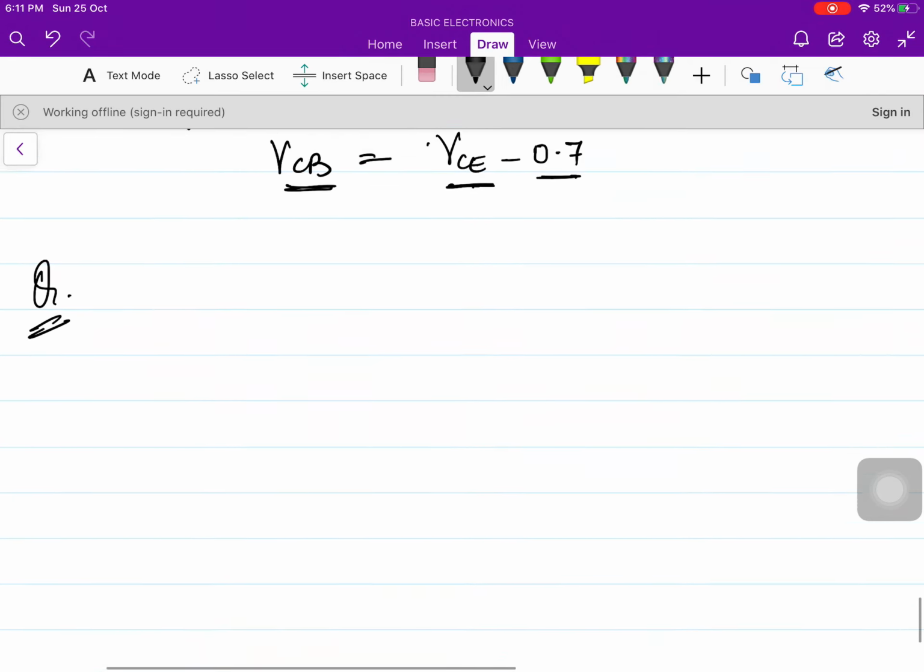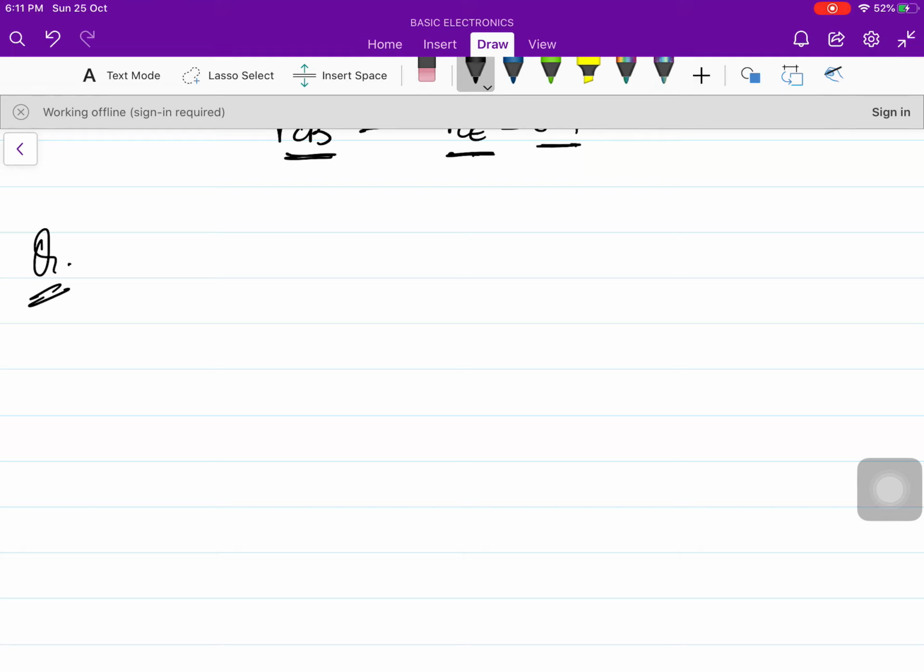So learn them very carefully, because common emitter is the most preferred configuration of BJT, and one of the reasons, as I have already told you, is that beta is much greater than 1. That means the gain is high. So it is the most preferred configuration, and that is why its characteristics are also very important.